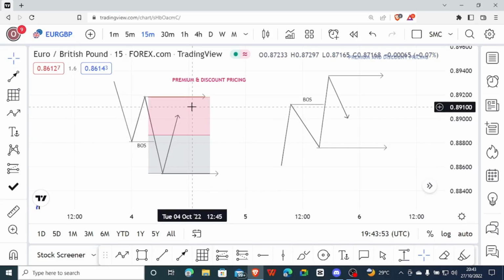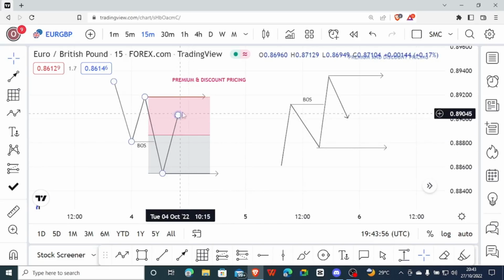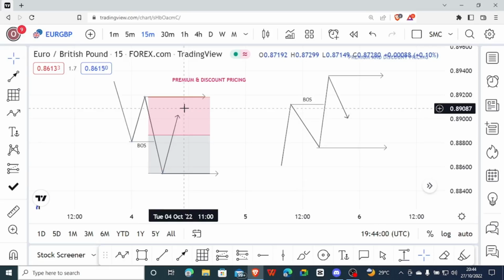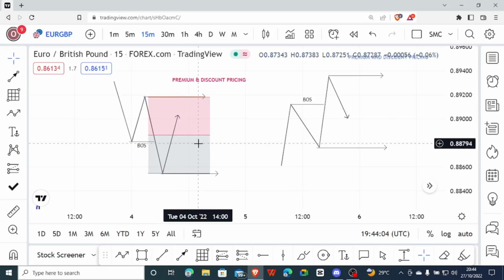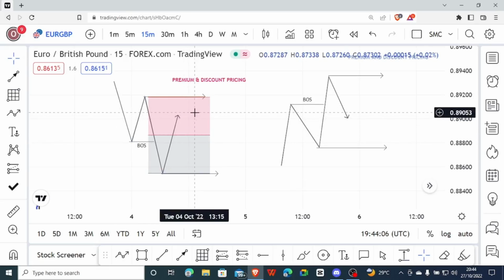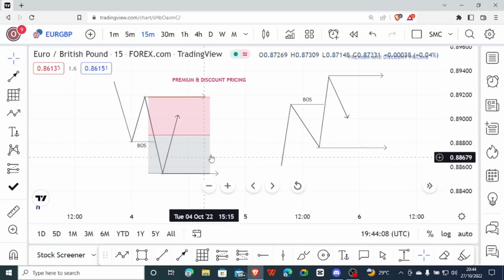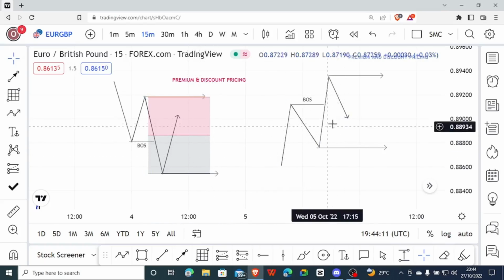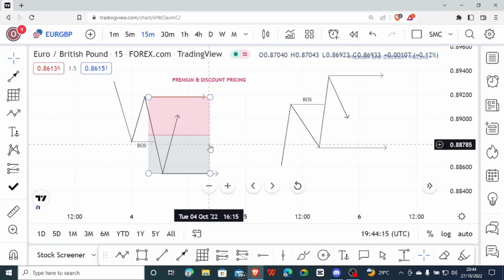Okay, now when price moves into the premium zone, it is regarded as being oversold, so price can come down any moment from there. All right, because it's regarded as oversold. And when it is inside the discount zone, in the case of a bullish structure, it is regarded as overbought. Okay, as simple as that. Now that is how to determine your premium and discount pricing.